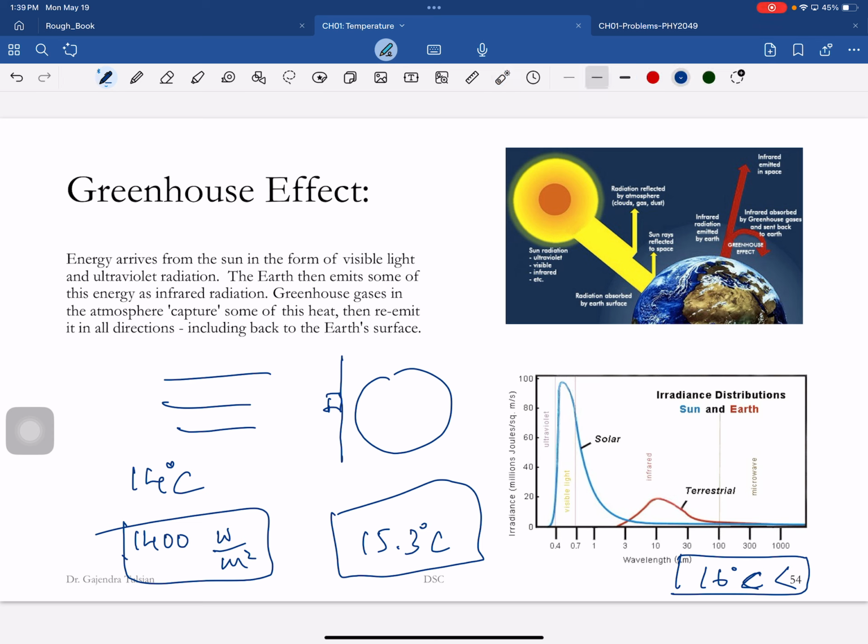Two hundred years ago, CO2 was 280 parts per million. So for every million atmospheric atoms, there were 280 CO2 molecules. Today, that's 400 parts per million.